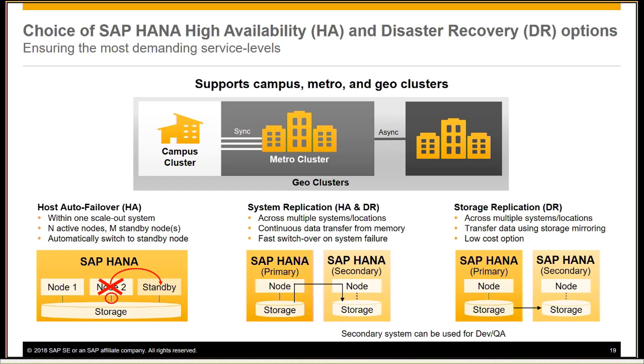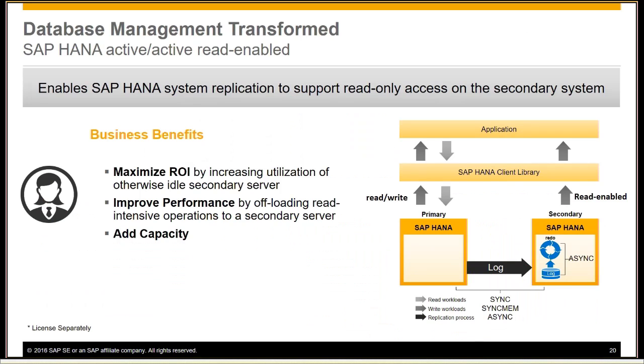I believe the maximum distance permitted to meet the SLA requirements is 100 kilometers, something like that. So we do have some limitation, but apart from that, you can certainly have geographically different data centers and have the synchronization across them. And recently with SAP HANA 2.0, we have also introduced the SAP HANA Active.